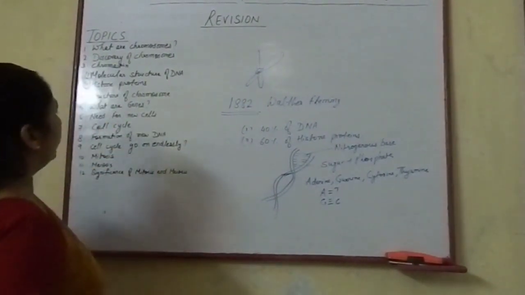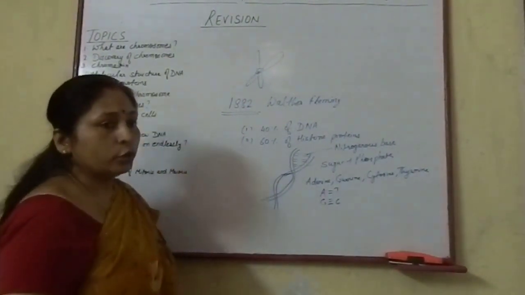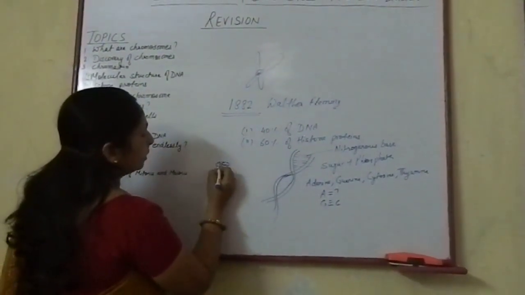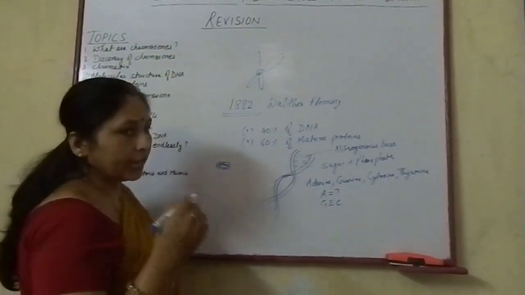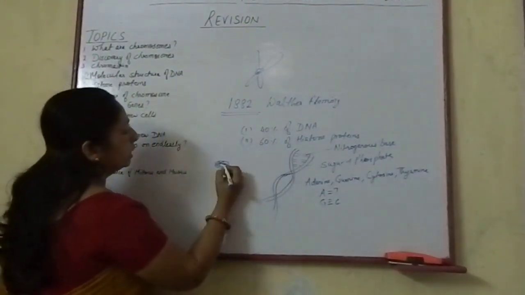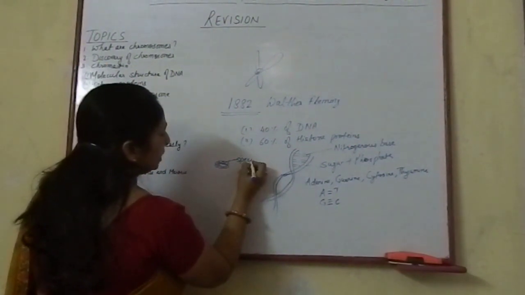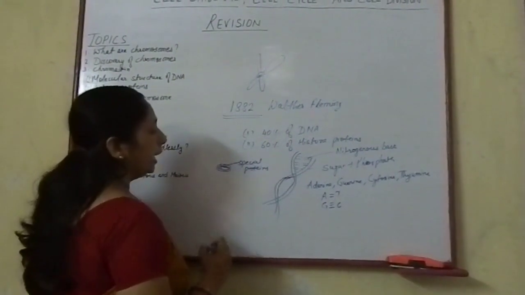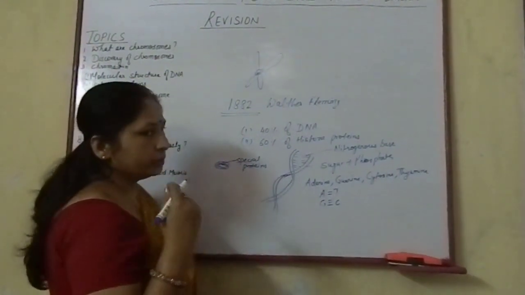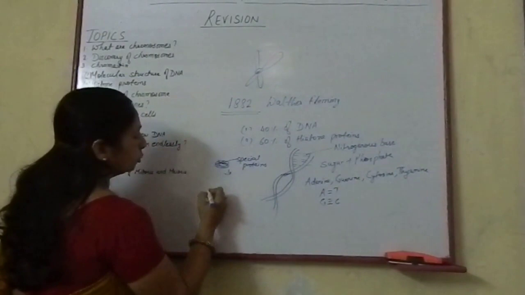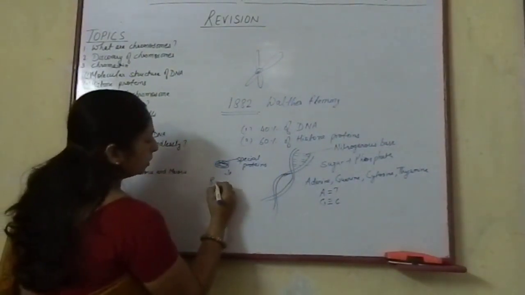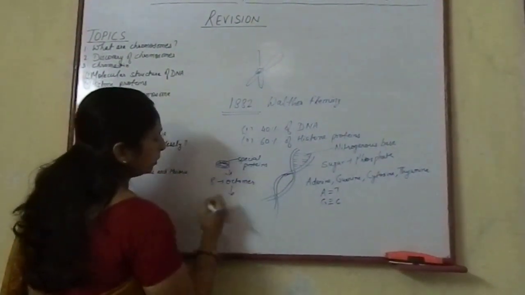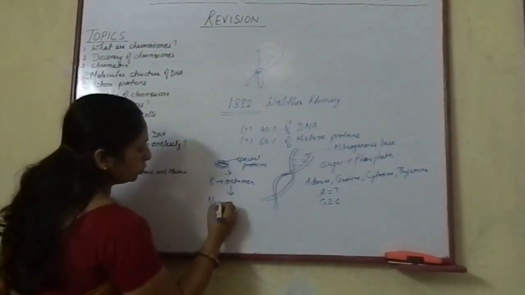Then the next topic is histone proteins. Histone proteins are special proteins around which the chromatin fibers are wound, coiled or wrapped. They make a group of 8, which is an octamer. A group of 8 forms a nucleosome.